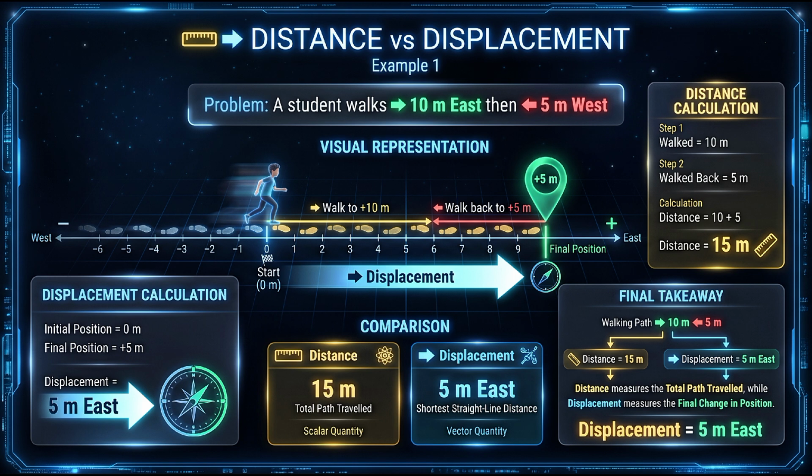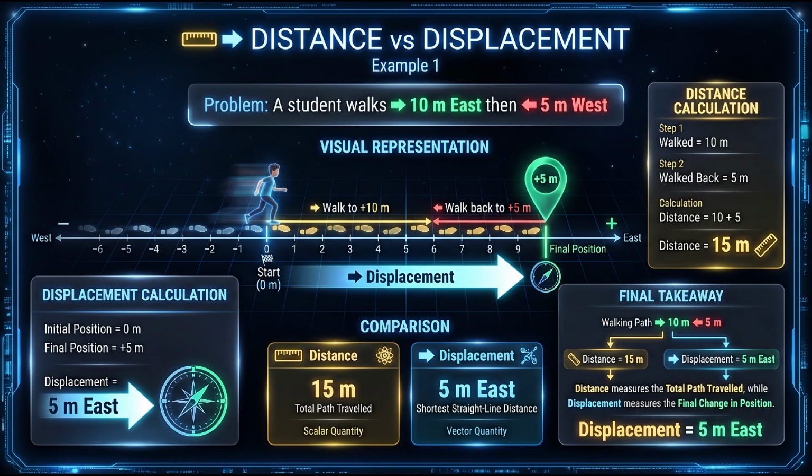This means that even though the student actually walked a total of 15 meters, the overall change in position is only 5 meters toward the east. This happens because displacement ignores the actual route and only compares where the object started and where it finally ended.